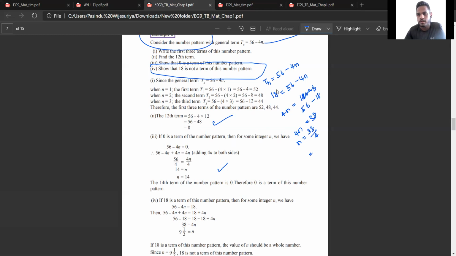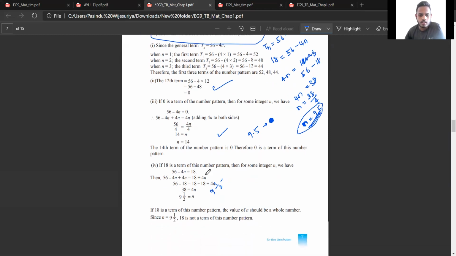This 38 is not divisible by 4. Then n equals 9.5. As I mentioned, this is not a whole number. 9.5 is not a whole positive integer. Therefore, the term of this number pattern should be a whole number. Since it's not a whole number, 18 is not a term of this pattern.